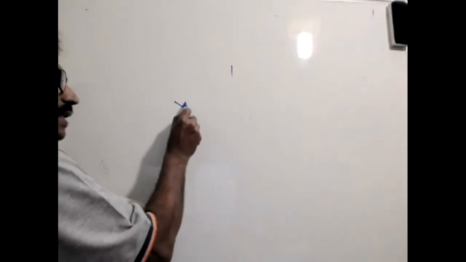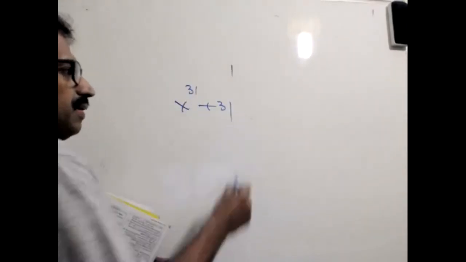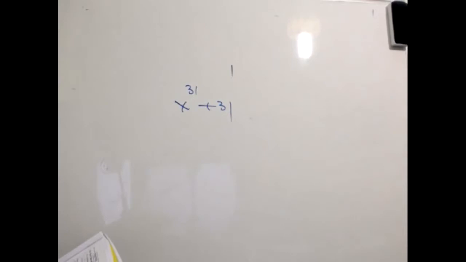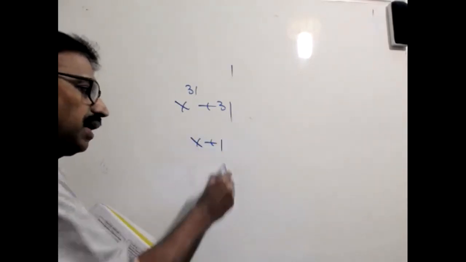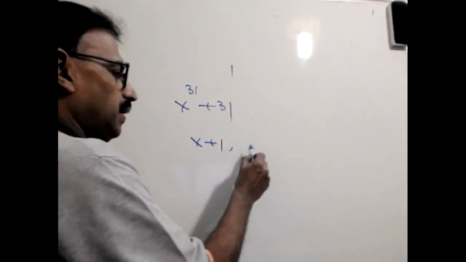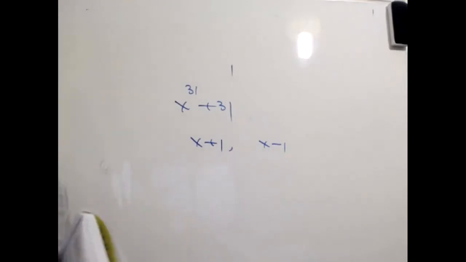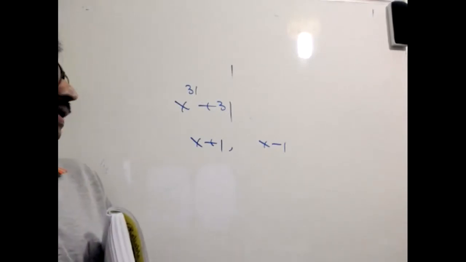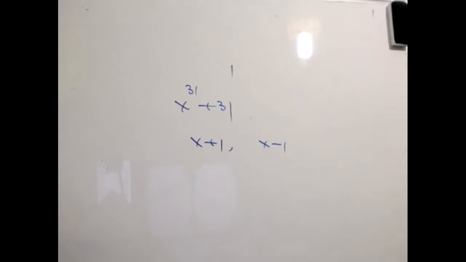Find the remainder when x raised to 31 plus 31 is divided by x plus 1 and x minus 1. Okay. Try now.